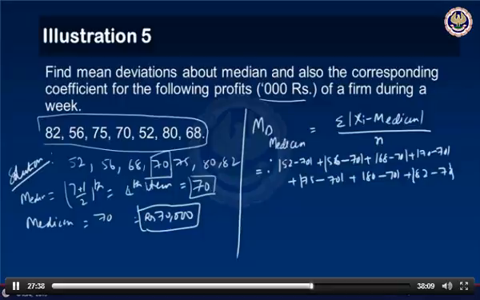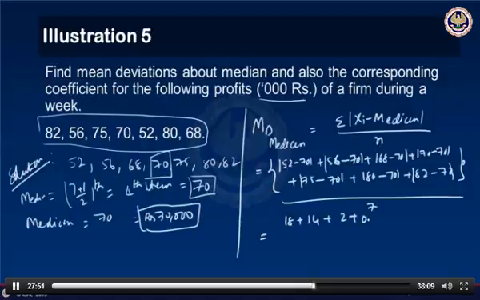These values are divided by 7 observations. Absolute 52 minus 70 is 18, plus 14 plus 2 plus 0 plus 5 plus 10 plus 12, all divided by 7.